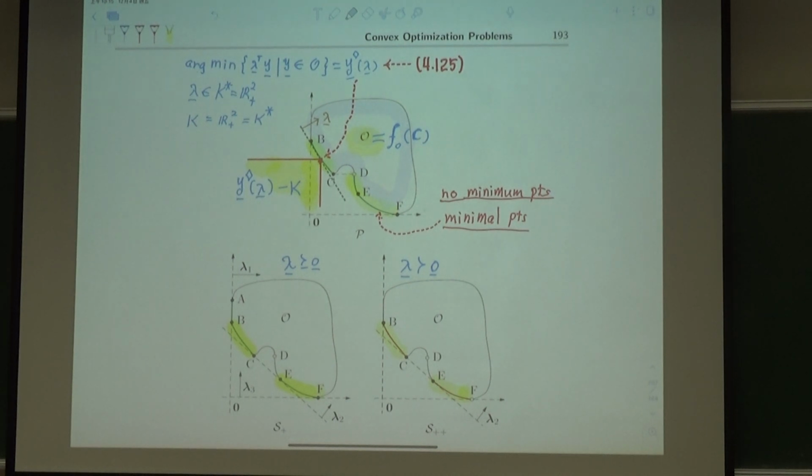A minimum point, if it exists, is unique. Otherwise, you have lots of minimal points. Where are the minimal points for this case?